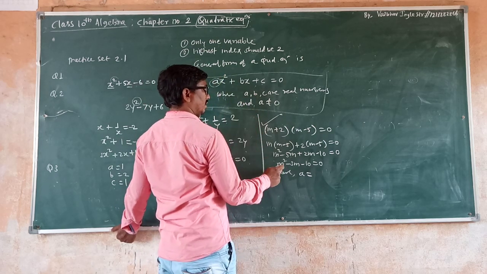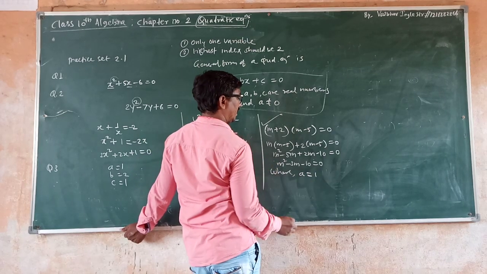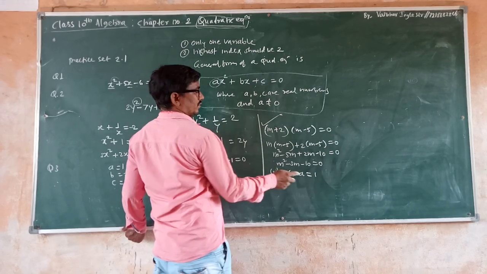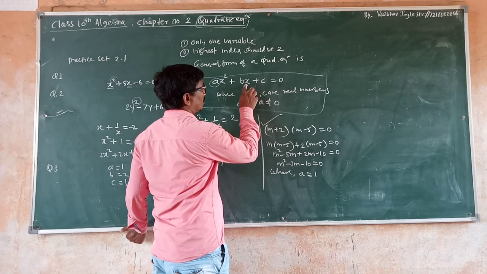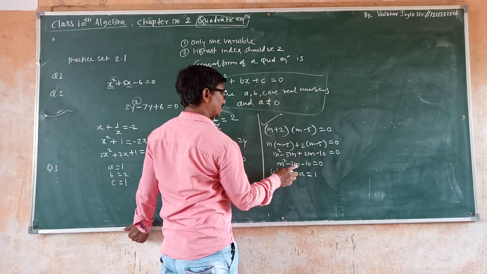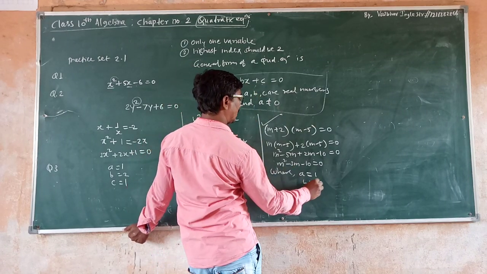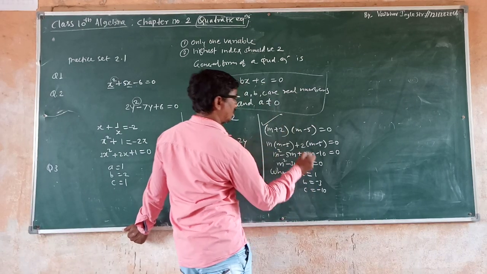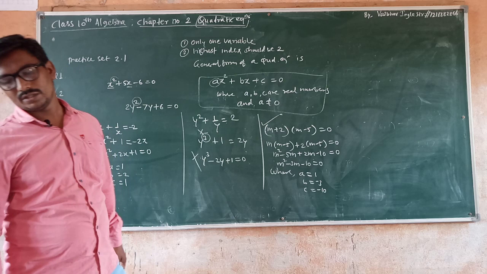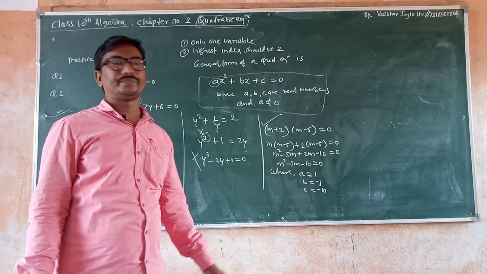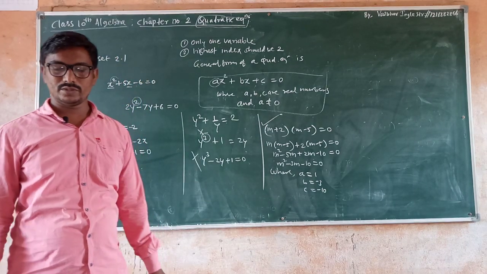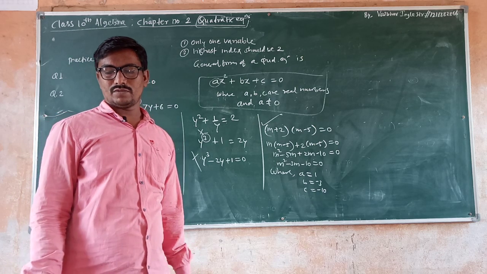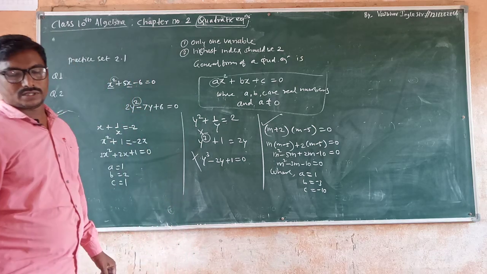Here m square, so the coefficient of m square is 1, then a equals 1. The coefficient of x is b, here the coefficient of m is b, so b equals minus 3, and the constant term c will be minus 10. In this way you can write the values of a, b, c by converting into the general form of the quadratic equation.